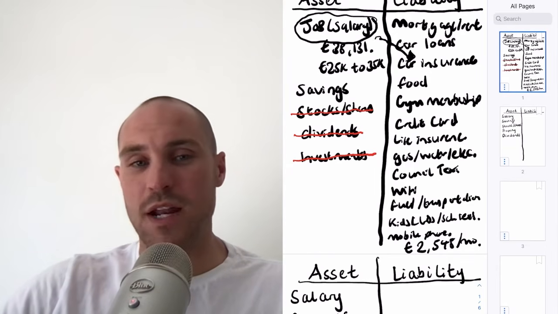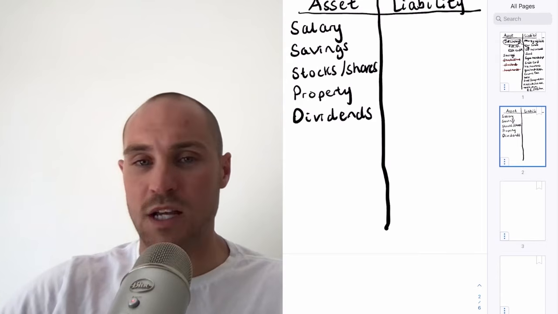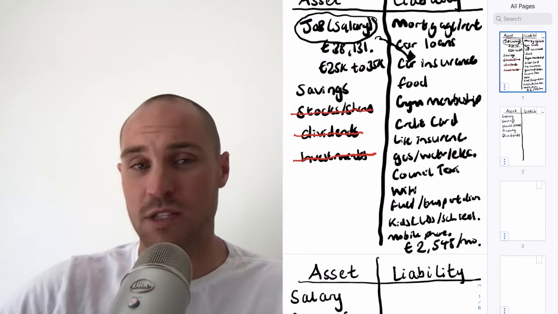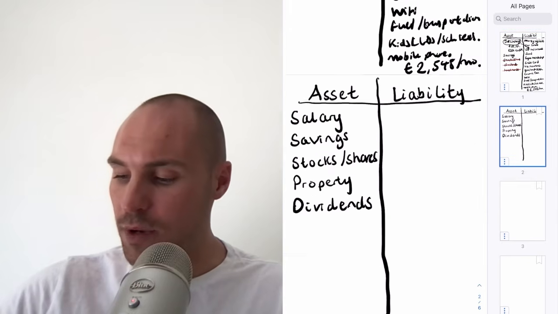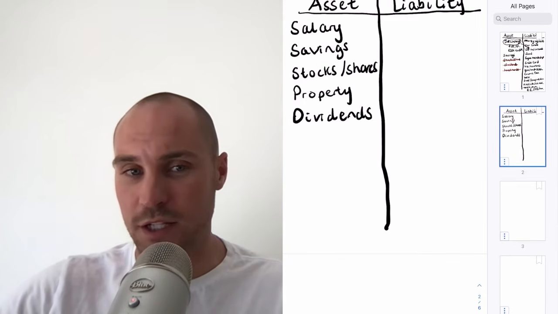Now, there's a much better thing to do, and in this example here, this is the balance sheet of what Robert Kiyosaki calls Poor Dad. So this is Poor Dad up here, and this is how Poor Dad is operating his balance sheet. And then we have Rich Dad here, right? And this is how Rich Dad operates his balance sheet.